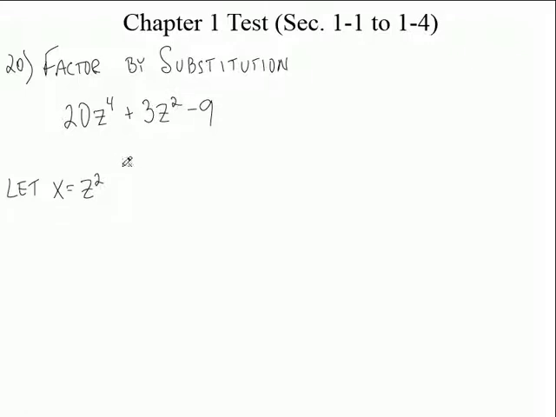So I'm replacing z squared with an x. Well, if I replace z squared with an x, this would be z squared squared, right? So this would be x squared. So I can rewrite this now as 20x squared plus 3x minus 9. This looks a little more familiar when I want to factor this thing.